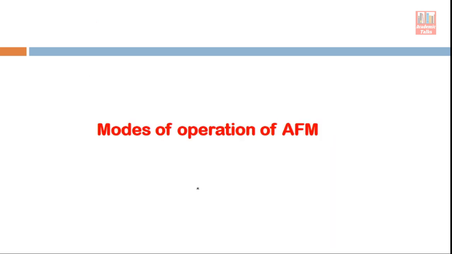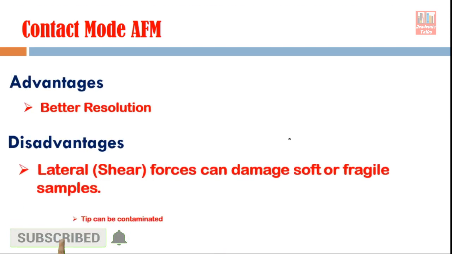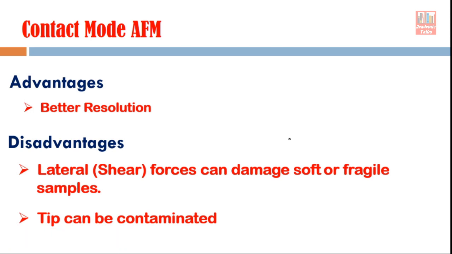Now we understand the block diagram. So we have to discuss the modes of operation of AFM. From earlier slides you have seen that there are two modes, one is contact mode and one is non-contact mode. Contact mode doesn't mean that the sample and the probe tip are exactly in contact. Even in the contact mode there is a very small separation between them.